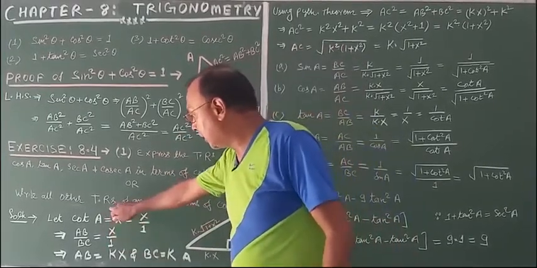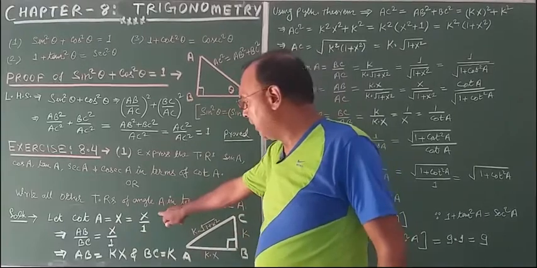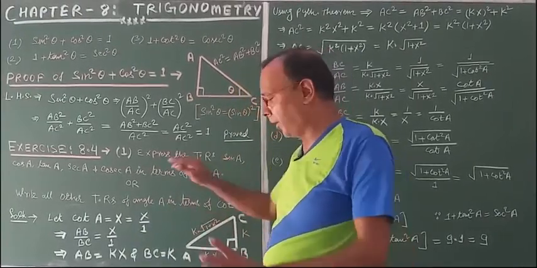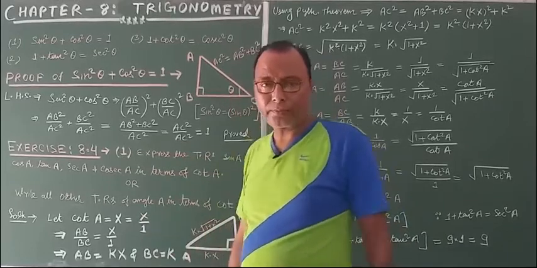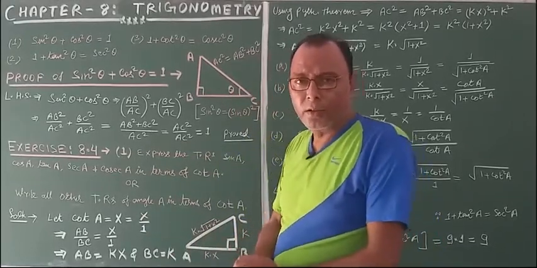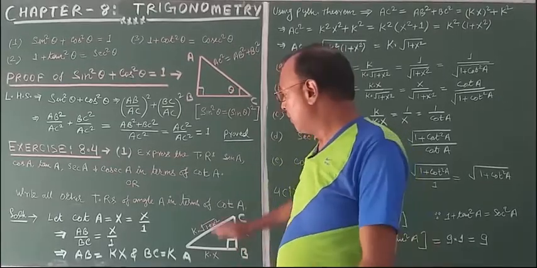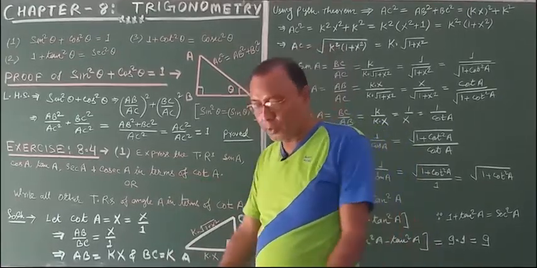Write all other trigonometric ratios of angle A in terms of cot A. You have to express all the trigonometric ratios of angle A in terms of cot A.